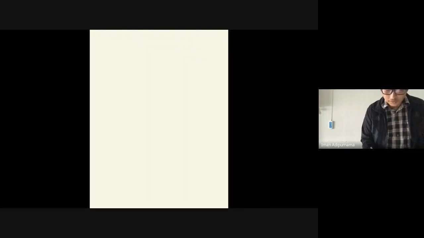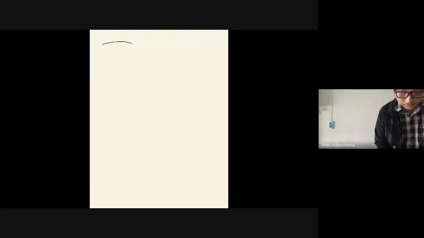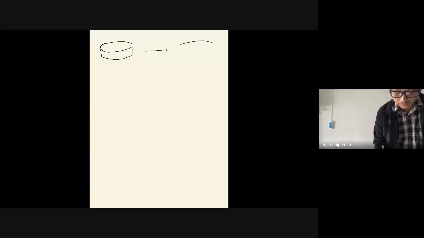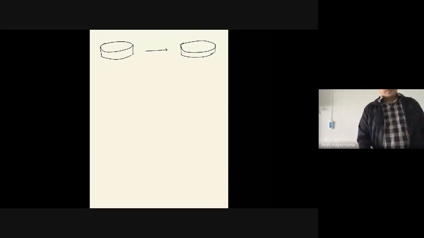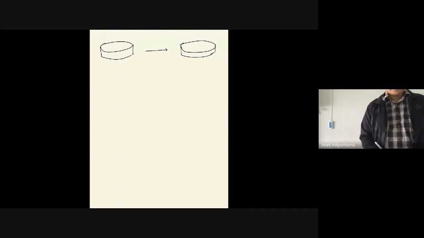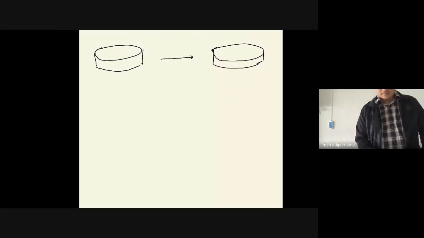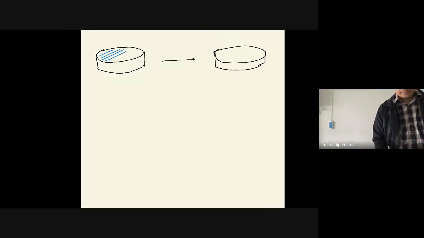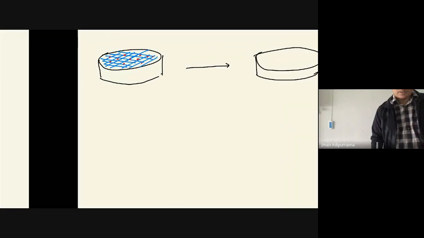Okay, let me give you this example. It's a petri dish. The red color meaning the cells. Yeah, I hope you can see that.